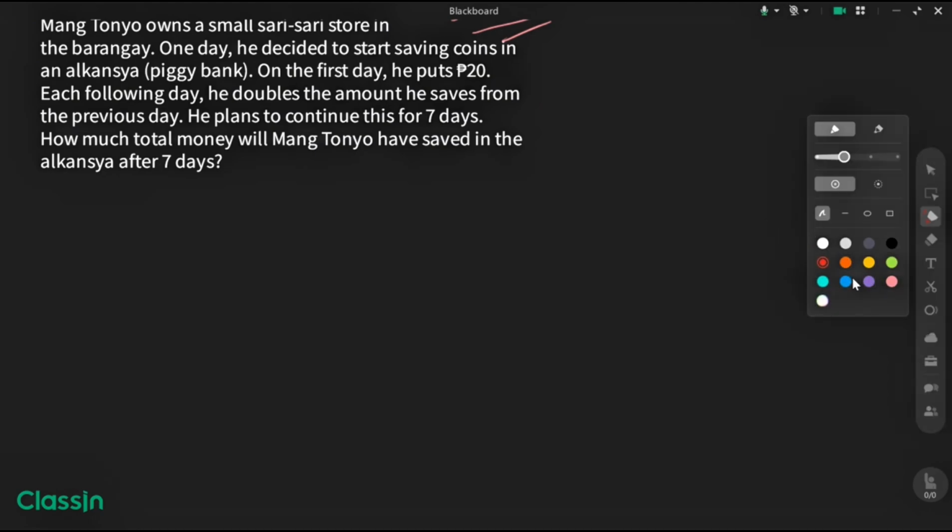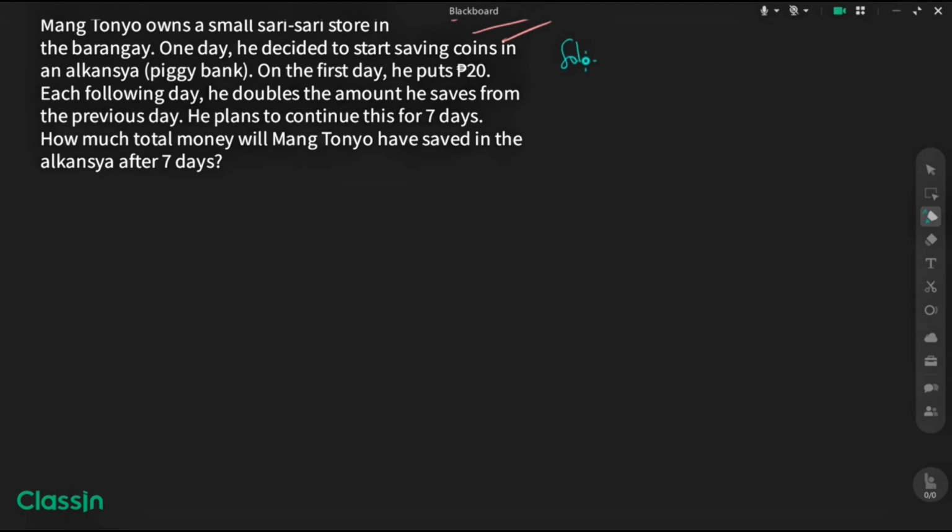Let's proceed with the solution. So let a sub n be the money Mang Tonyo will save in the alcansya on the nth day. What about the other givens?